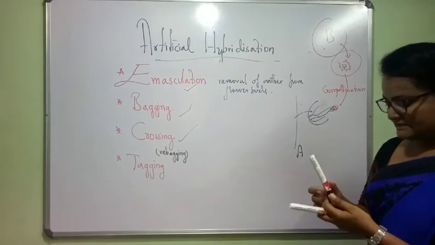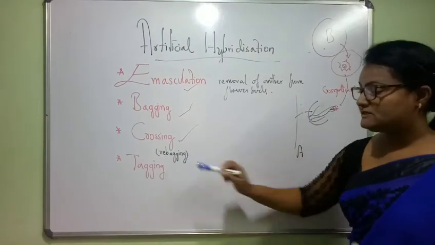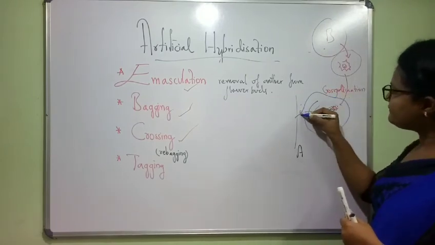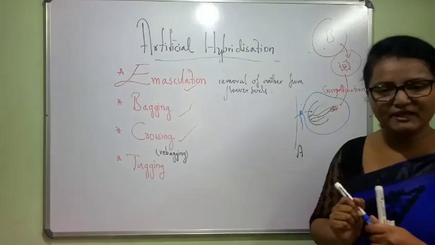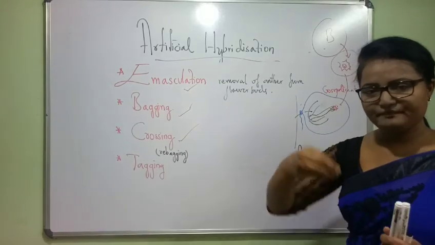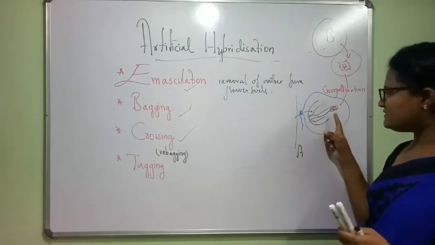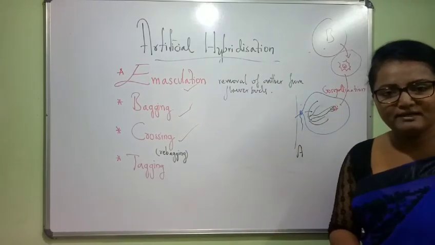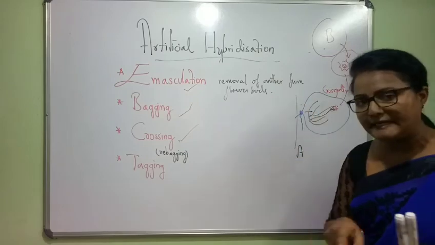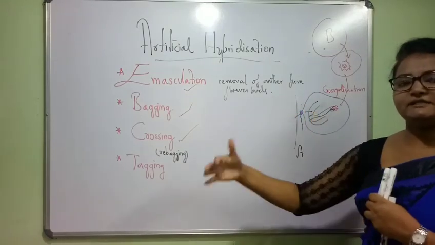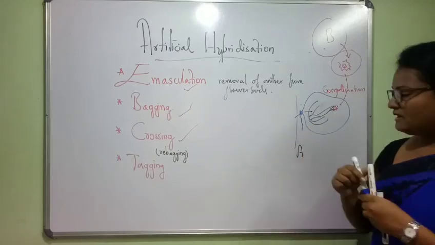Next, what do we do? The process is rebagging. Again we rebag, the same thing, to avoid the transfer of other plants' pollen grains onto the surface of the stigma. To avoid that, we rebag and keep it for the next step, that is fertilization.